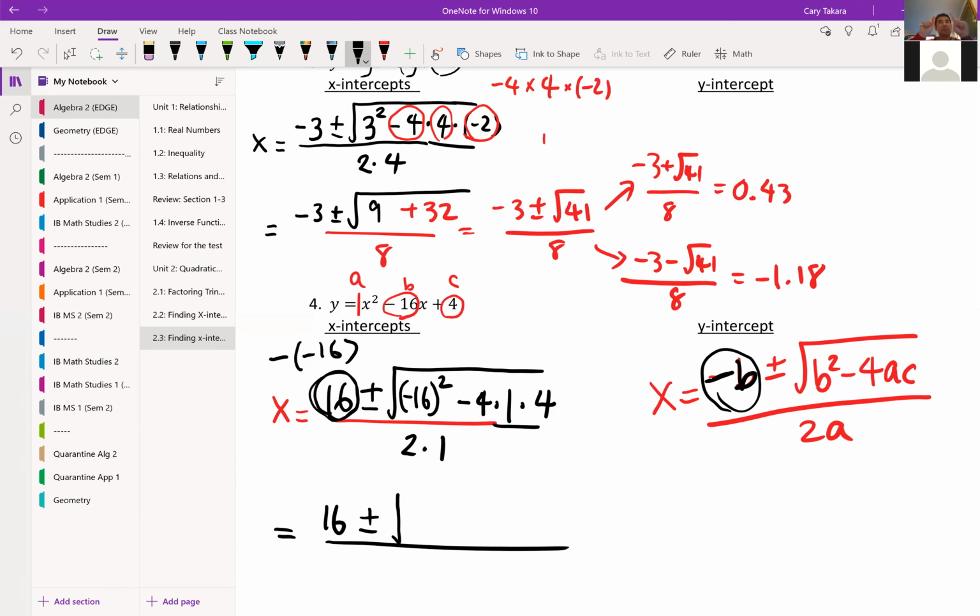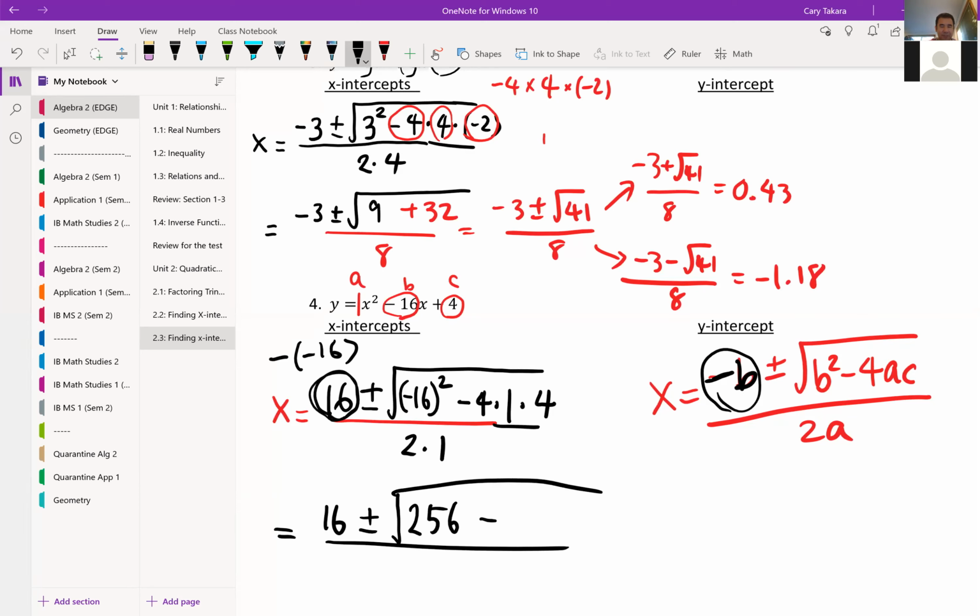So negative of negative 16, and that means it's positive 16. Yeah. You okay with that? What's 16 squared? It's 256. So it's positive 256.